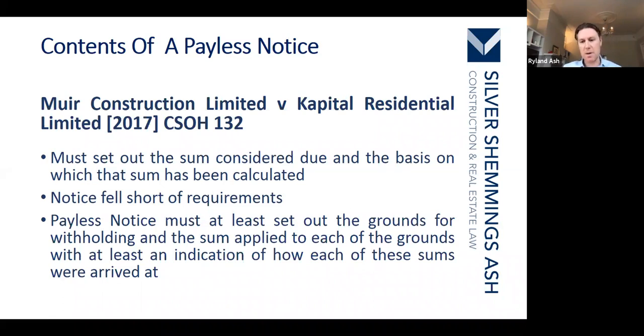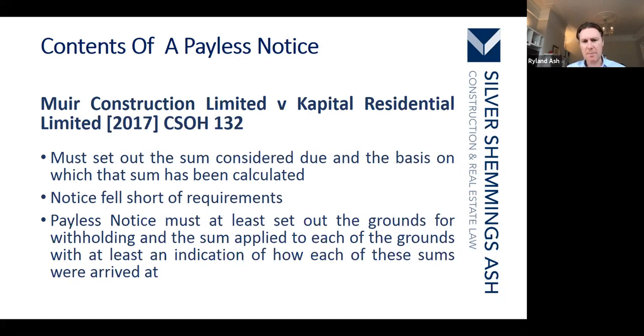The JCT, for example, says 5 days prior to the final date. The Scheme for Construction Contracts, which supplements the Construction Act, says 7 days prior, but you can agree anything up to sort of 1 day prior, or even the same day as the final date for payment. So that will very much depend on your contract.